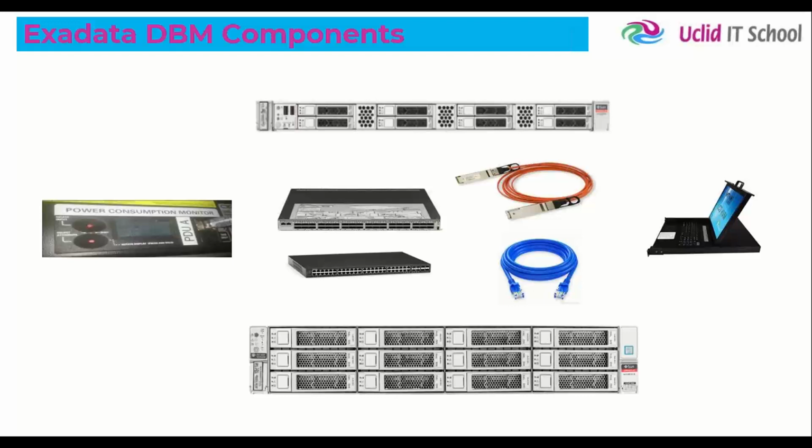Basically, an Exadata system has two types of servers, the database servers and the storage servers. Storage servers will have the storage required for your database, and database servers is where you deploy your database instances. And these servers are connected together using InfiniBand networking technology. So you have InfiniBand switch, you have InfiniBand cables, which implement the Exadata networking.